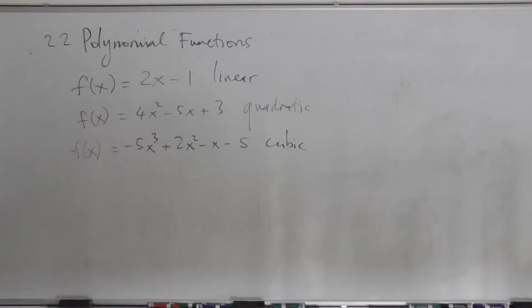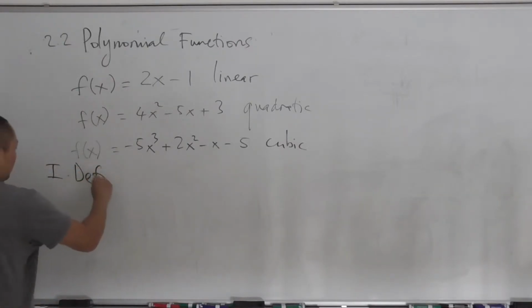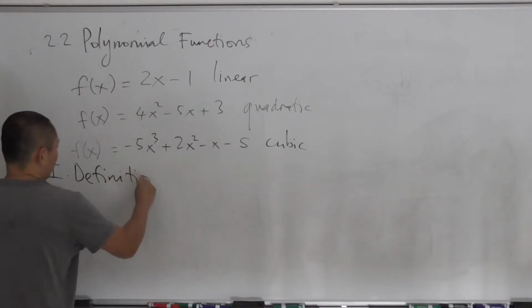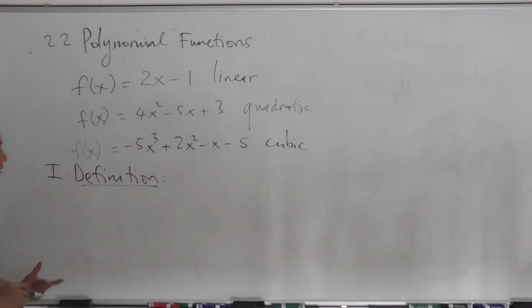Okay? So let me give you a formal definition of a polynomial function. First definition. Since I don't know how many terms it's going to have, I'm going to write it in the general way.